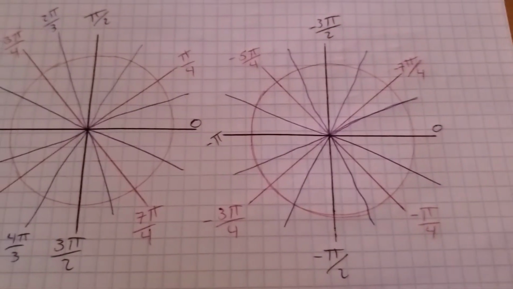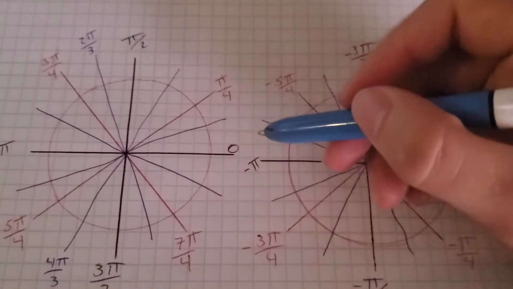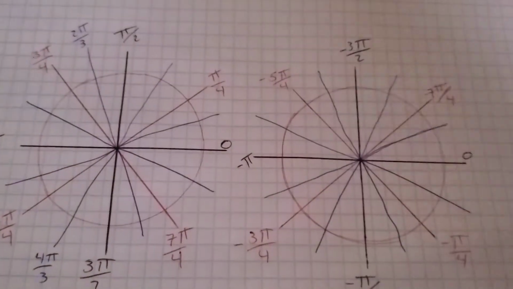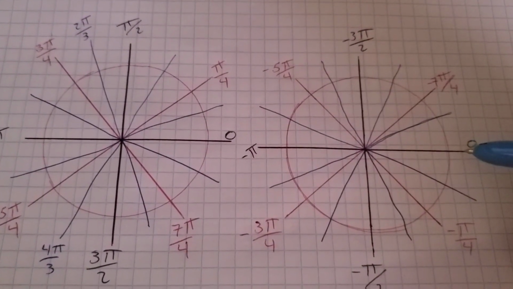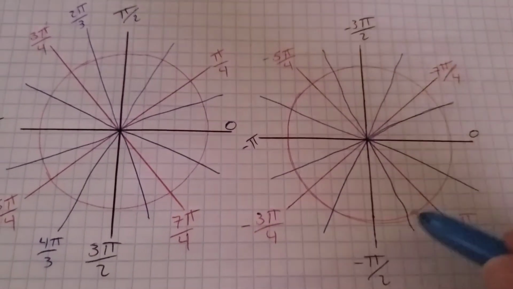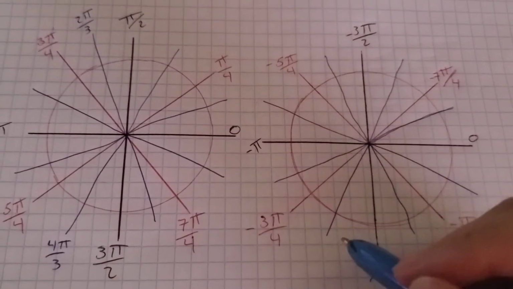In the negative unit circle, the values switch, so you go clockwise. Pi over 4 is down here instead of up here, and pi over 2 is down here instead of up here.